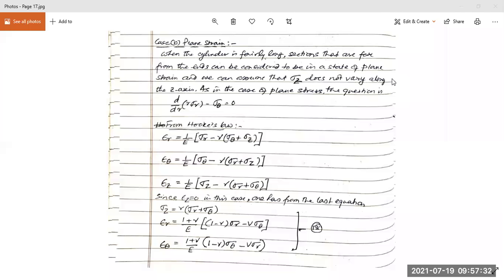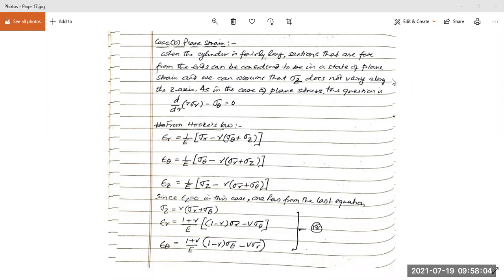From Hooke's law, epsilon r is equal to 1 by E times sigma r minus gamma into sigma theta plus sigma z. Means epsilon r is the strain in the radial direction, or the rate of change of length along the radius axis. It is given by 1 by E, where E is the Young's modulus, sigma r is the stress along the radial direction, minus gamma, which is the Poisson's ratio, times sigma theta plus sigma z.